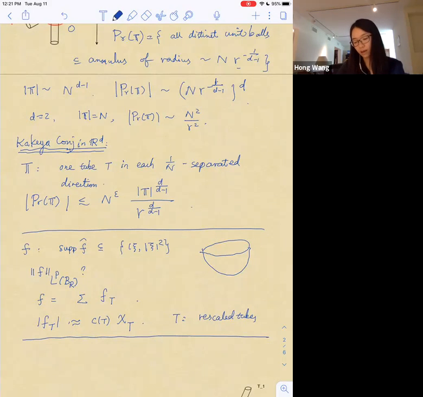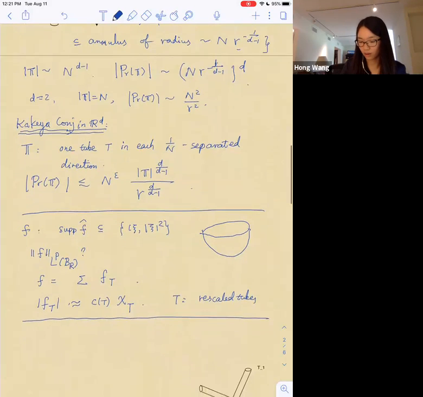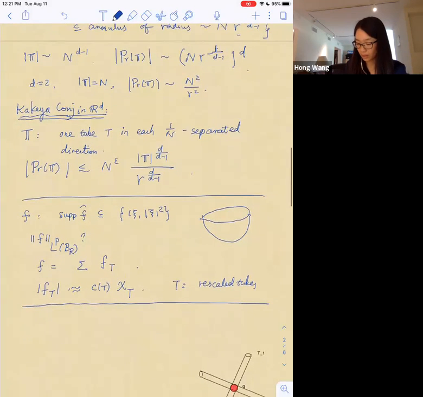So even though the Kakeya conjecture is very hard, if we impose some condition, then we will have some estimate.